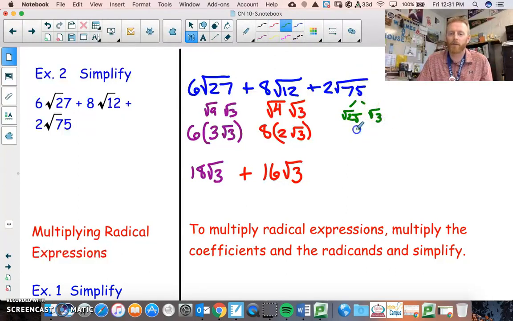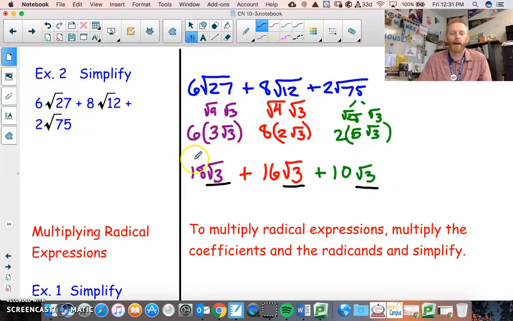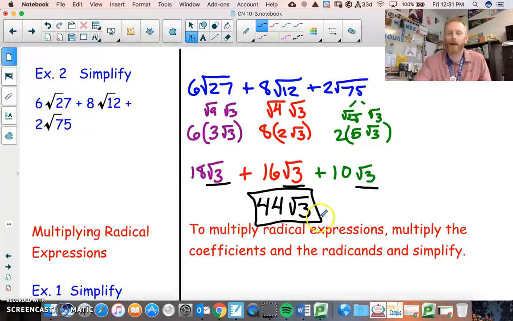So that becomes a 5 root 3 that is going to be multiplied to that 2. So I have now a 10 root 3. Now because all of these have a root 3, all we're going to do is add the 18, the 16, and the 10 to get our 44 root 3. And that would be our simplified answer.